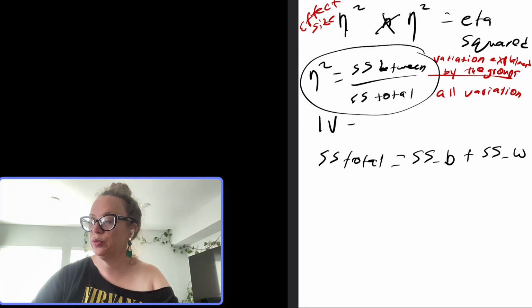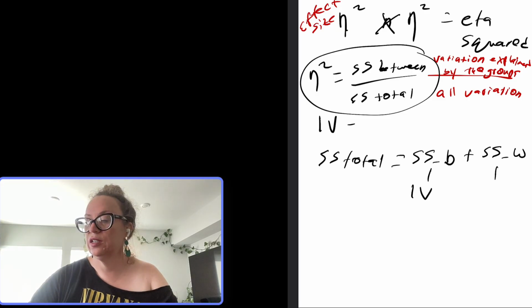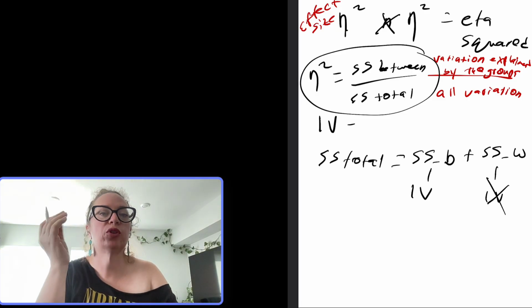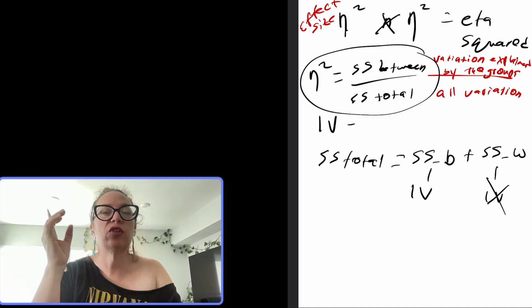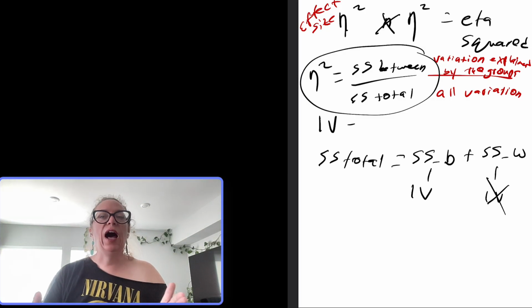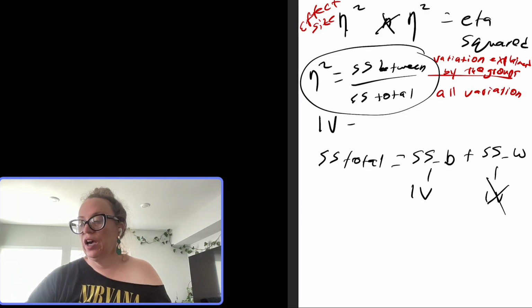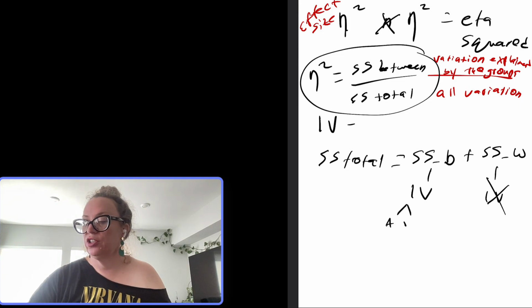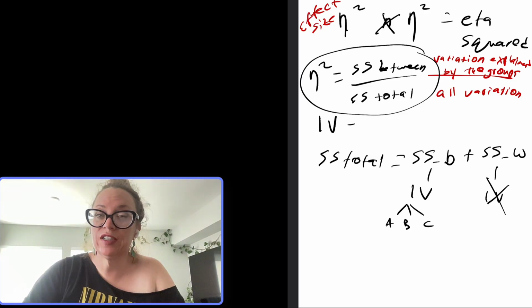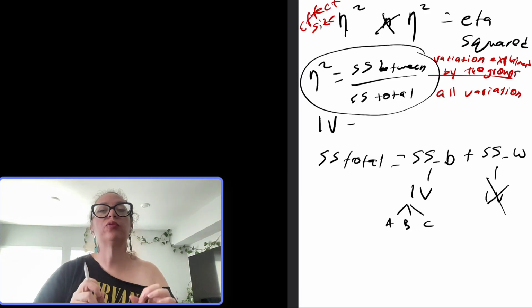So SS between is attributed to the independent variable, and SS within is not attributable to the independent variable. So then eta squared asks, out of all the variation that exists, how much comes from the variation that the independent variable created? How much comes from the variation between the independent variable groups? Teaching method A, teaching method B, teaching method C. Okay. And one subtle but important point is that eta squared does not prove causation by itself.